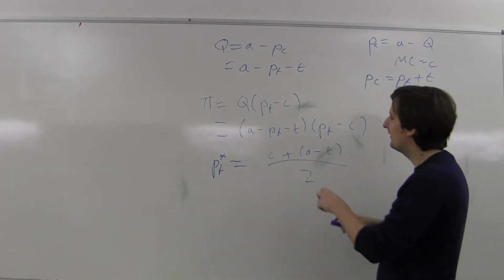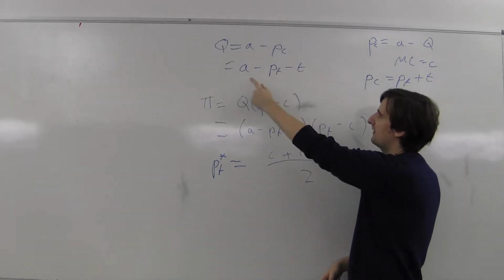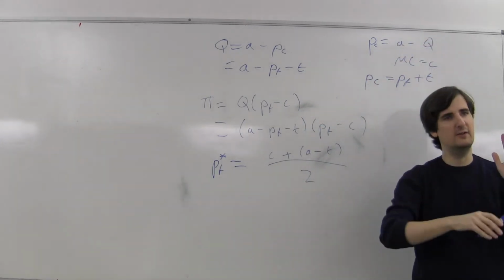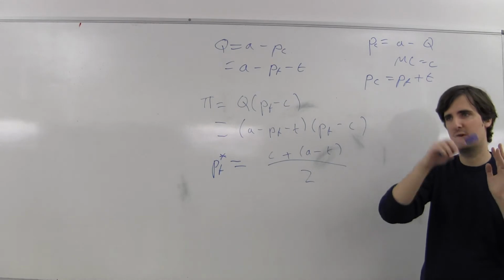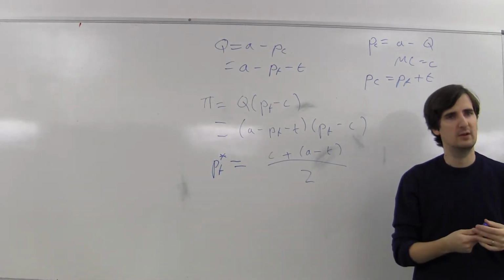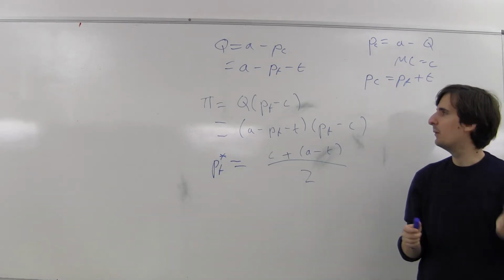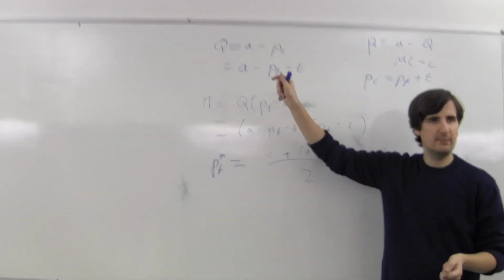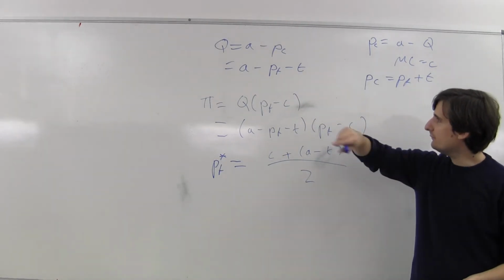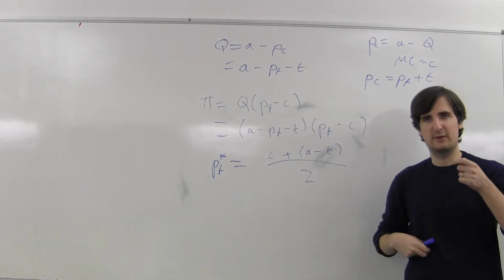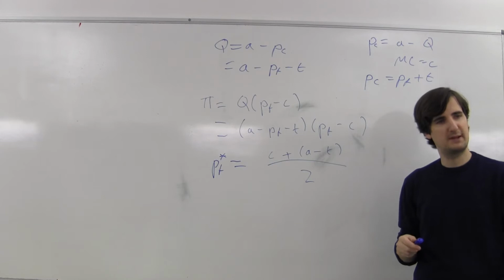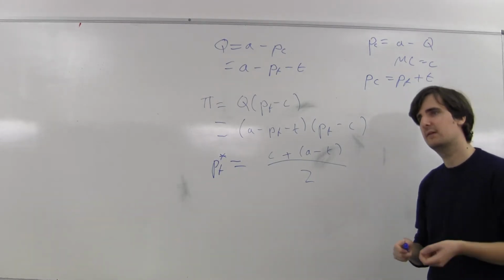So you can see, look at the way the tax is entering the demand curve. The tax is just shifting the demand curve downwards. It's reducing the maximum they're prepared to pay for the good, because they would be prepared to pay a maximum of A in the absence of a tax. But with the tax, they've got to pay something to the firm and then something else to the taxman. So the maximum amount they're prepared to pay to the firm is lower.